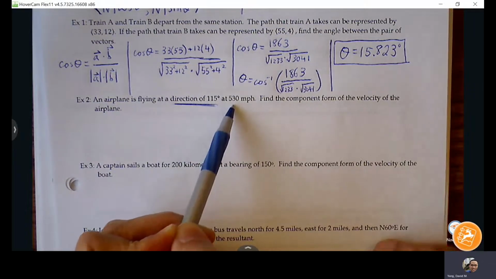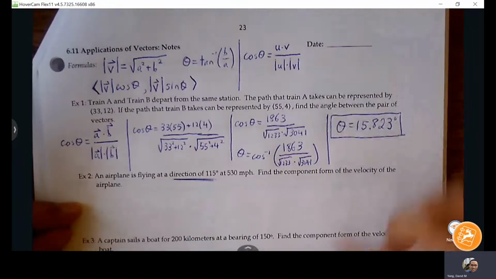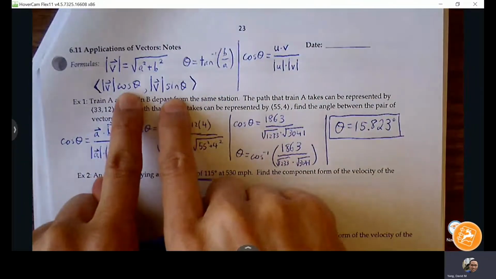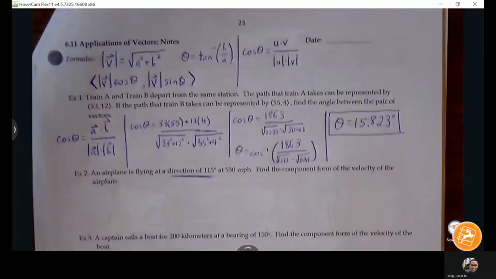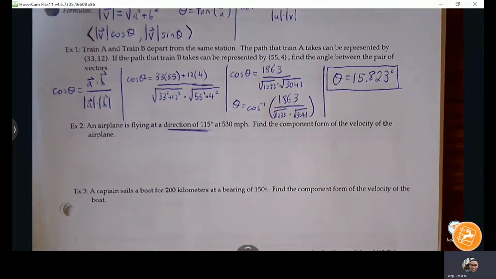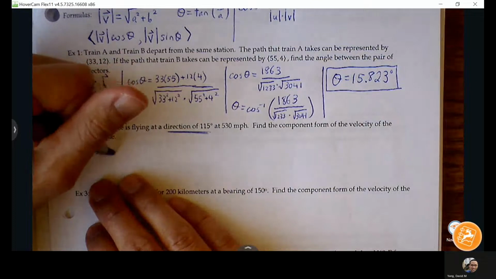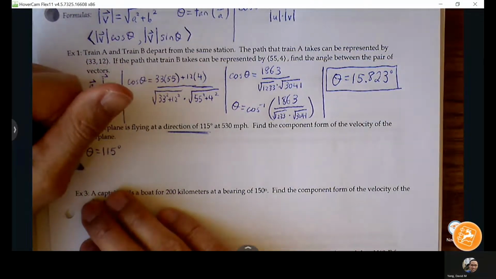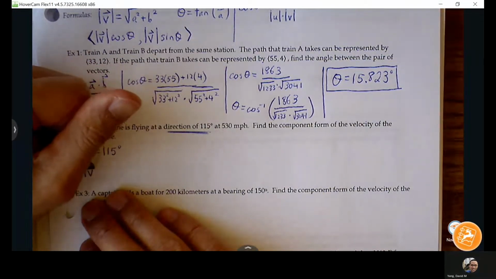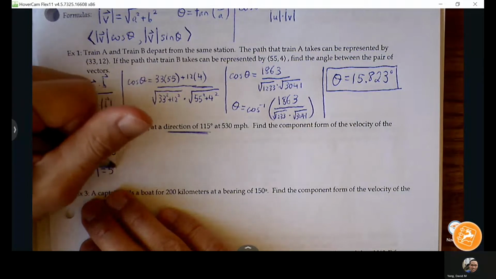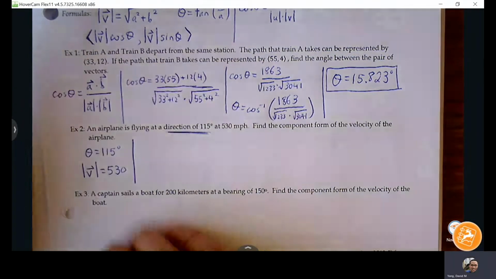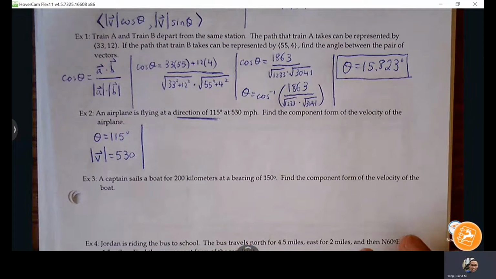This is our magnitude, so it's as simple as putting it into component form. Magnitude, in this case, is represented by speed.